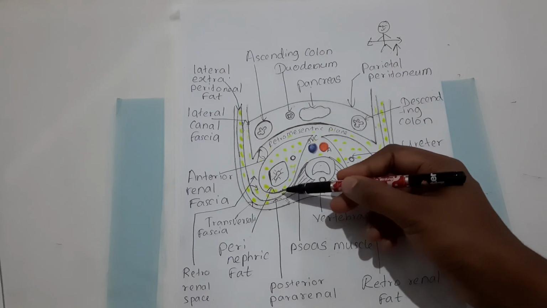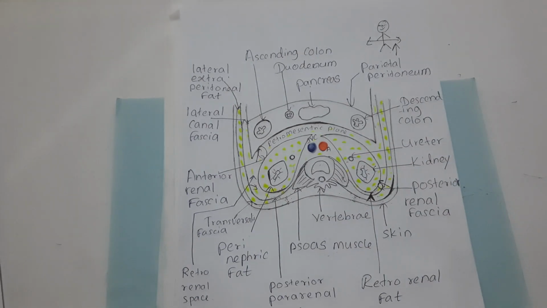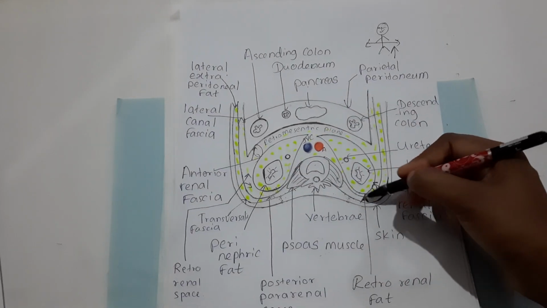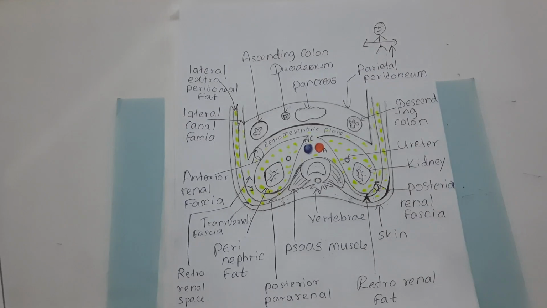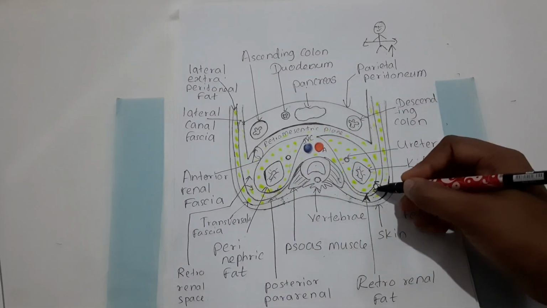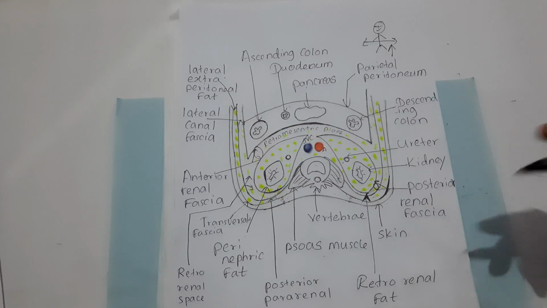Now we will talk about the fat spaces. Here you can see in between the endoabdominal fascia and the posterior renal fascia there is a fat space we call the posterior pararenal space, also called the proper retroperitoneal fat space. In between two posterior renal fascias, there is a fat space called the retrorenal fat space.